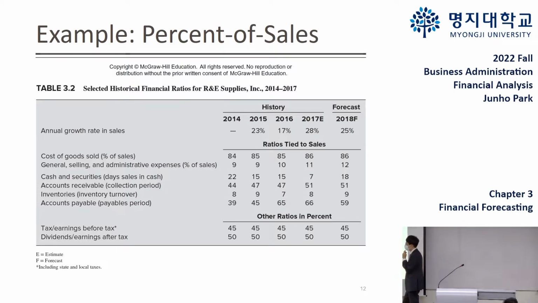Next, we have SG&A, and it's been 9% of sales in 2014, 9% in 2015, 10% in 2016, and 11% in 2017, this year. So because there is a slight increase in the ratio, we are going to assume that in the next year, 2018, the percentage will become 12%.